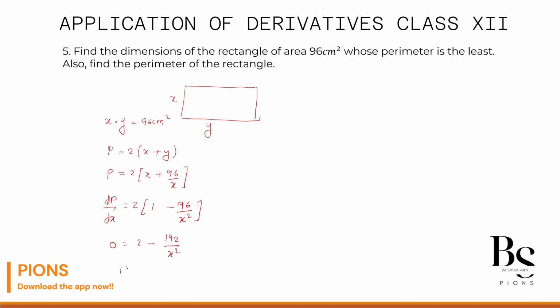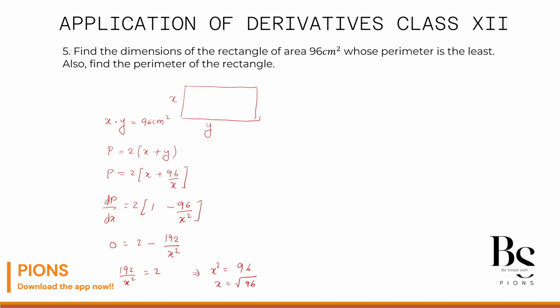So 192 by x square equals 2. Let's cross multiply. So x square equals 96. So x will be equal to root of 96. Let's keep x as root of 96.